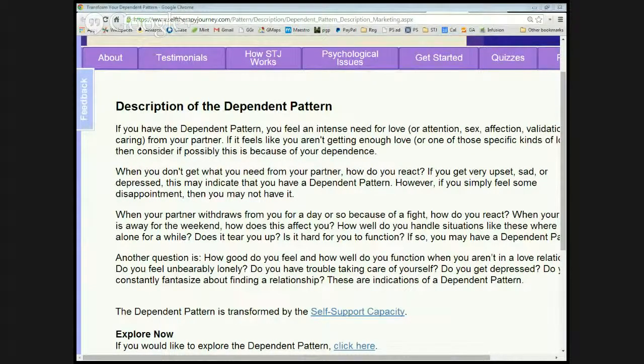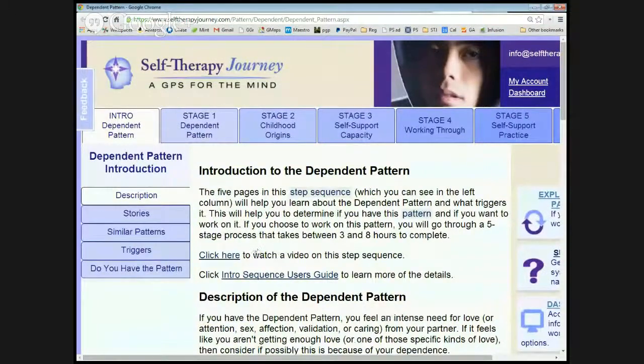Well, yes and no. Some issues are relatively simple. Some of them are relatively complex. For example, let's suppose I wanted to explore the dependent pattern, and I click here, but I'm not going to try to do that. That's going to be too hard to show you, but let me just talk about it.